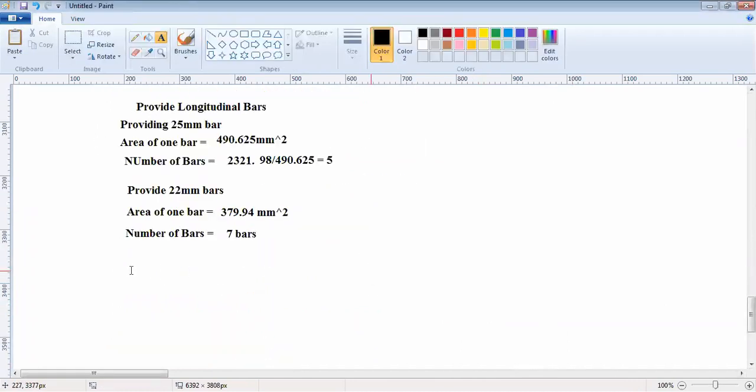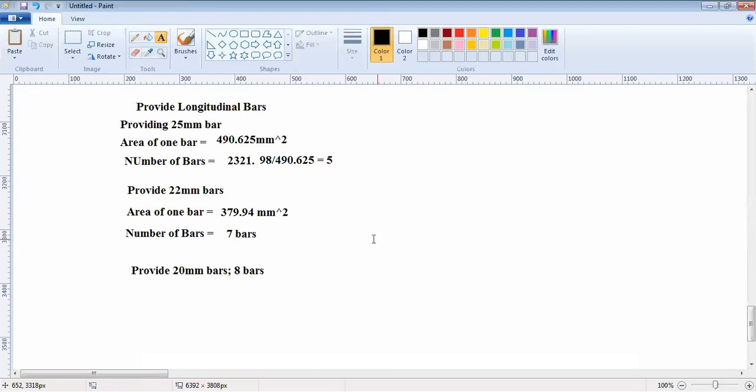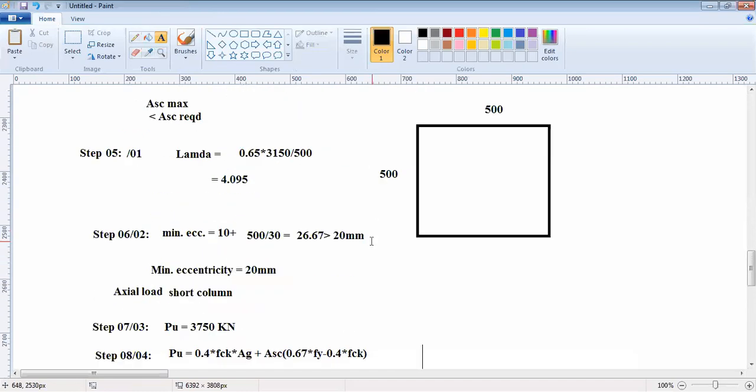So it's better to provide 20 mm bars. When you are providing 20 mm bars, you require 8 bars. So it's easy to provide 8 bars. This is how you provide the 8 bars then.